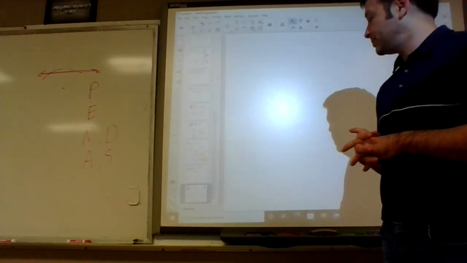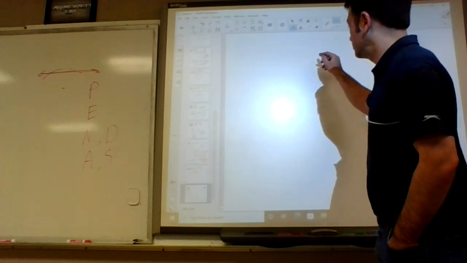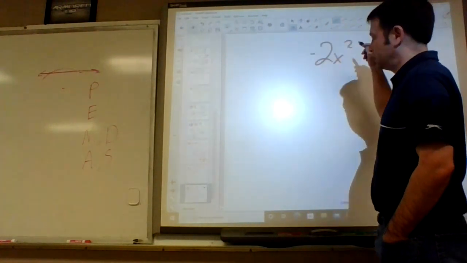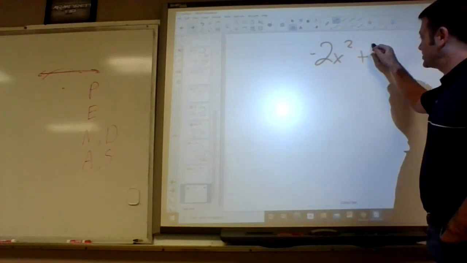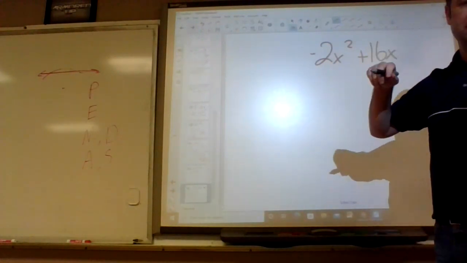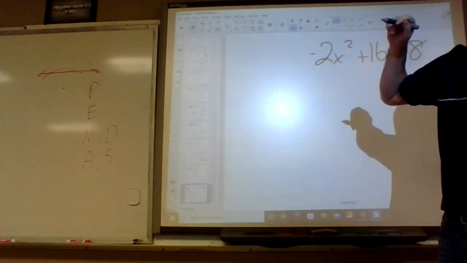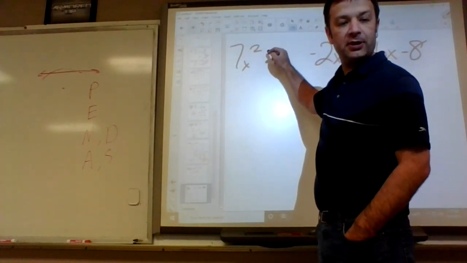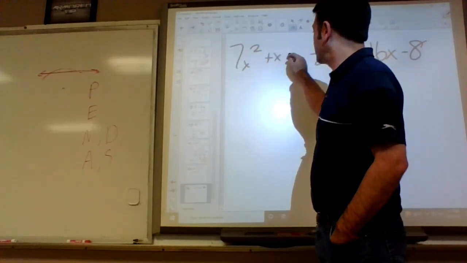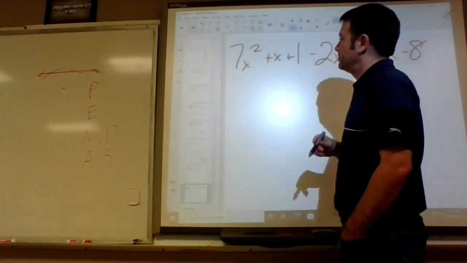So what's negative 2 times that second parentheses going to be? Negative 2x squared plus 16x, because negative 2 times negative 8 is positive 16x, minus 8. So that's what the second parentheses becomes. The first parentheses was 7x squared plus x plus 1.